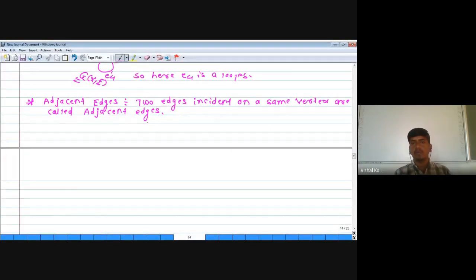That is, suppose there will be a graph G, here is vertex V1, vertex V2, here is vertex V3, and here vertex V4. Okay.